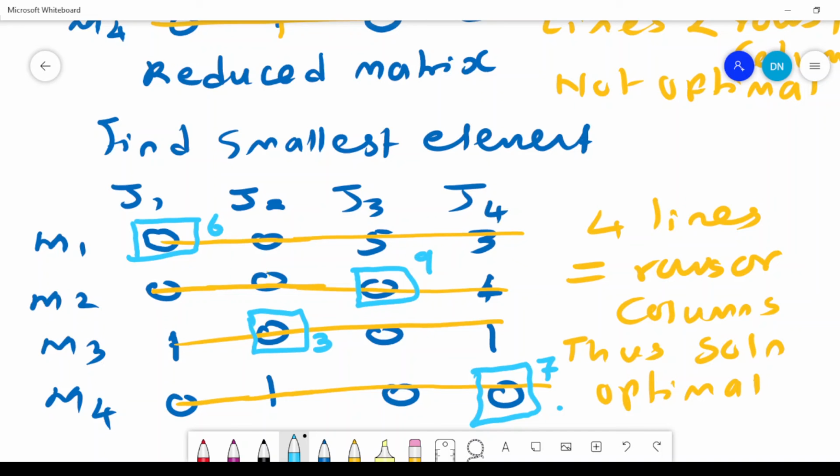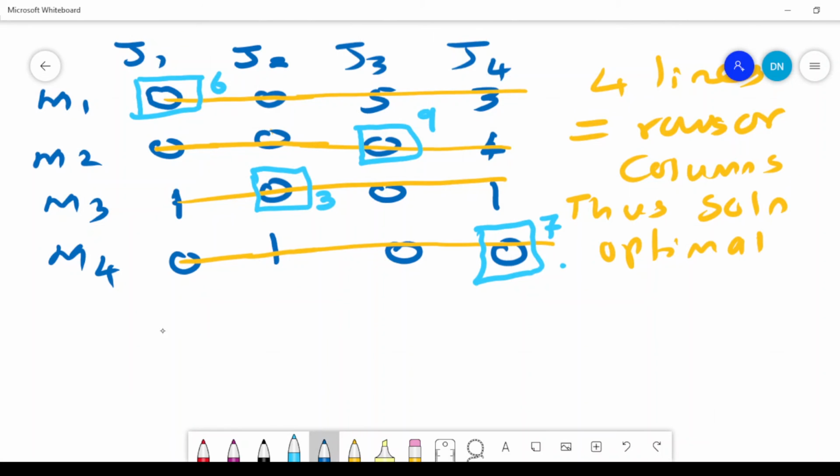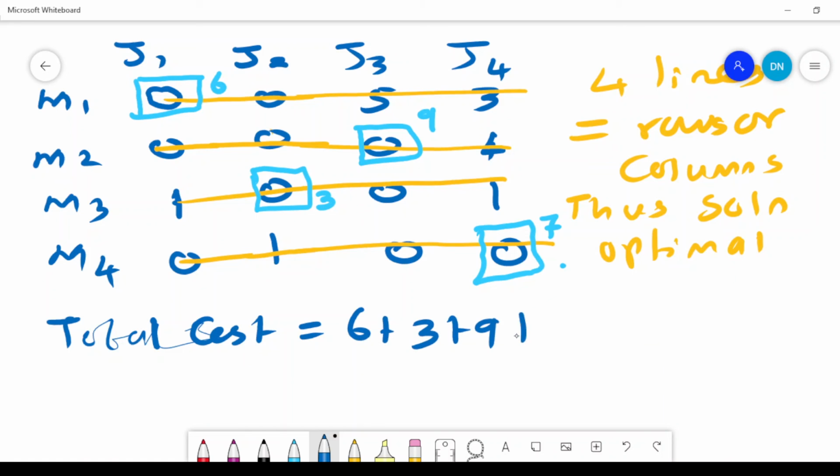And therefore, the minimum total cost is just the sum of those values that we have there. So the total cost will be equal to 6 plus 3 plus 9 plus 7, which is equal to 25. Now, would it have been different if I allocated them differently? Possibly.